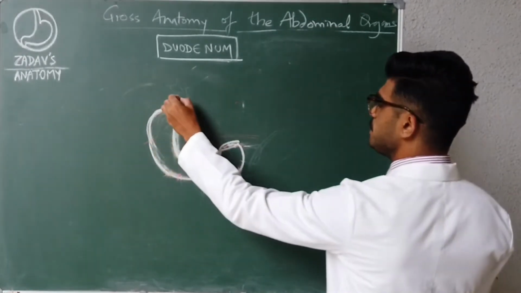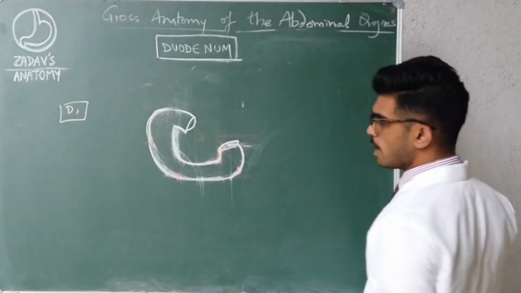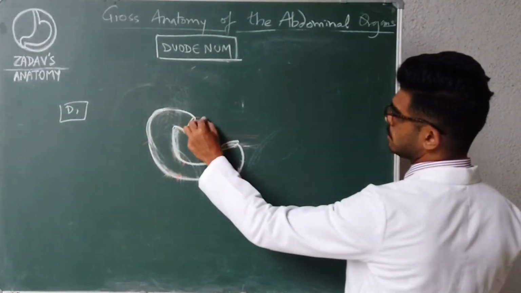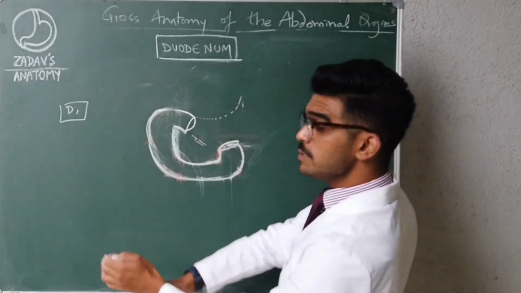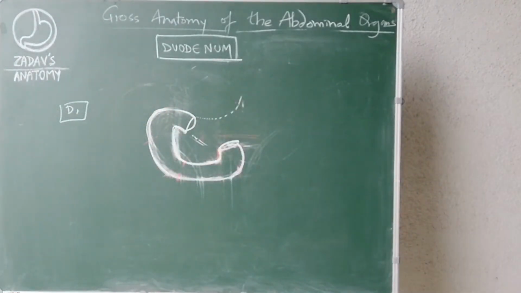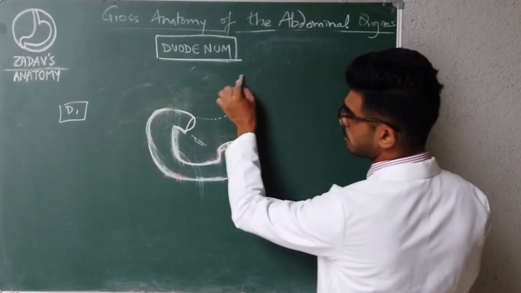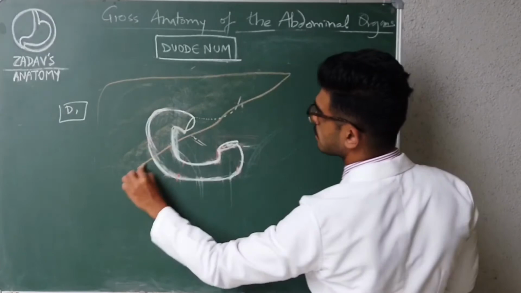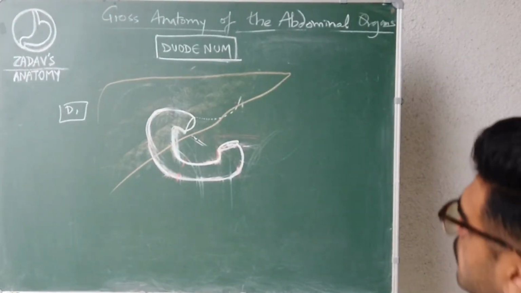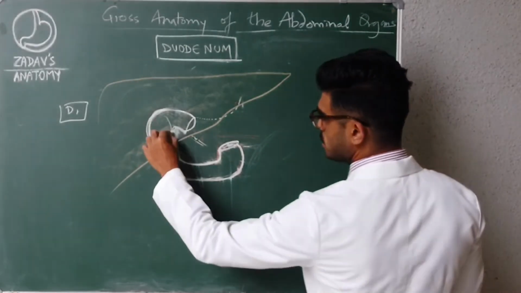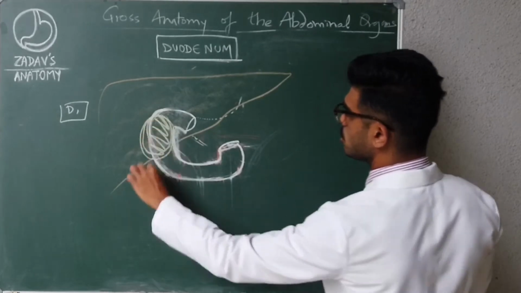Great. Anterior relations of D1. Now, you remember that the stomach is here. So the anterior relations of the stomach are going to be very similar to the anterior relations of D1. And the most important anterior relation on the right side of the stomach is obviously the liver, and of course in this area also lies the gallbladder.